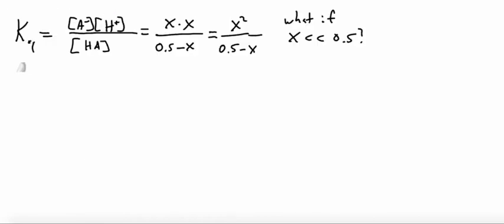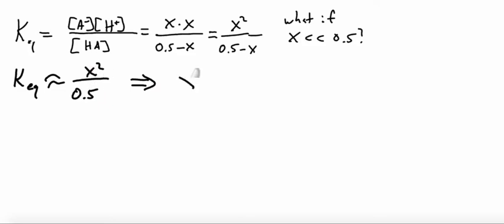So if this is true, then we can say k equilibrium is approximately equal to x squared over 0.5, because x is small enough to ignore. Well, in that case, it's going to be really easy to solve for x. We multiply both sides by 0.5 and take the square root.